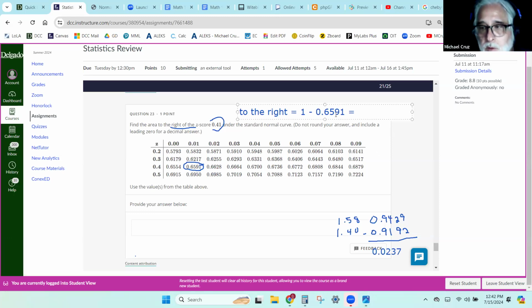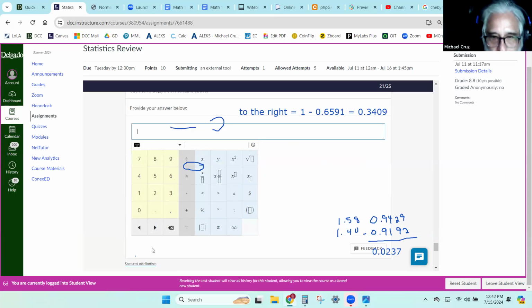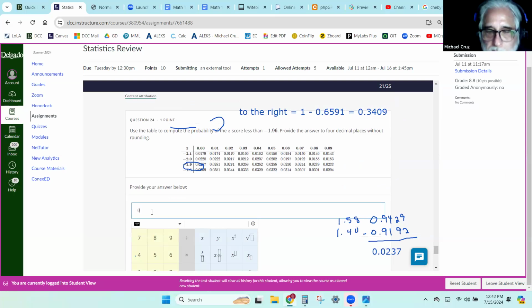So then this is going to be 0.3409. So to the right, so we use the complement rule.